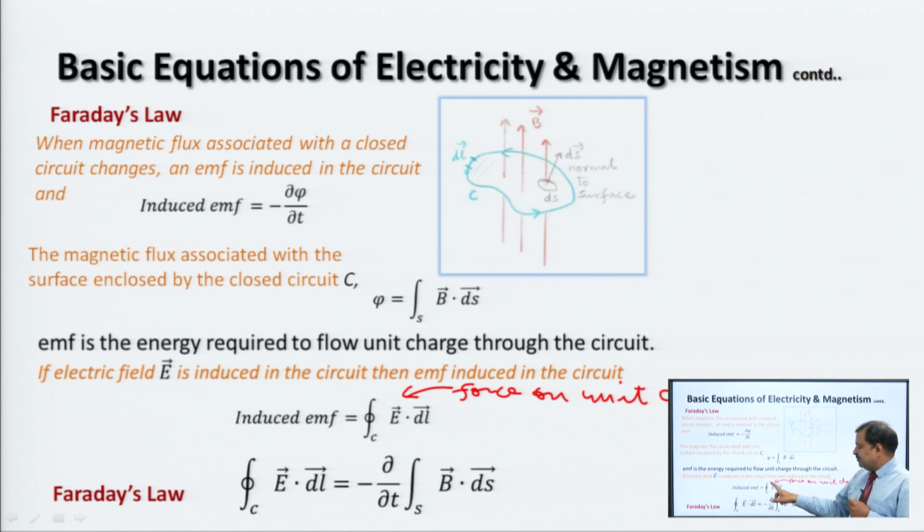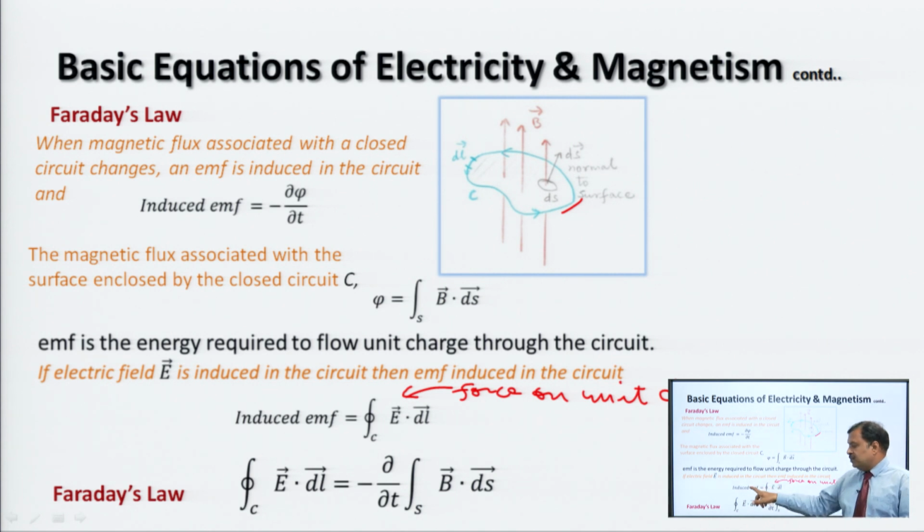So, if we evaluate this integral E dot dl over the closed path C, then what do you get from this integral? Force into displacement, this is work done, the positive work done in flowing unit charge through the circuit.